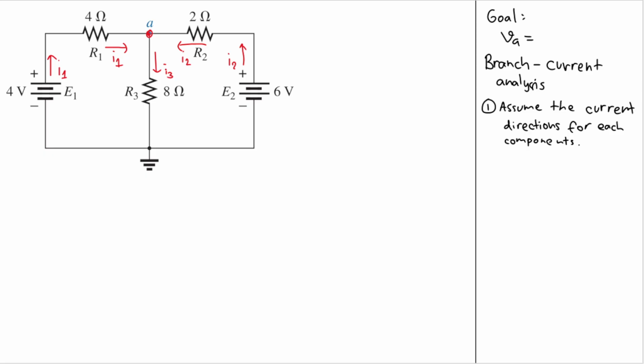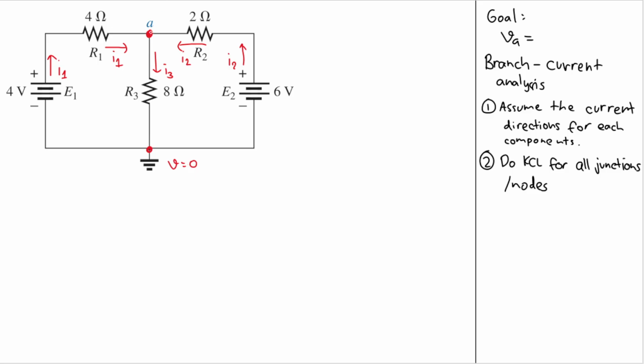And then we need to do KCL for all junctions or nodes. Here we only have one unknown node, which is node A. We know this node here is our ground, so the voltage here is equal to 0.